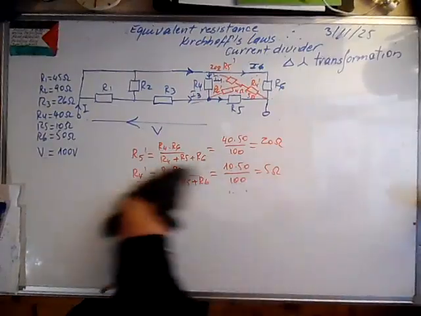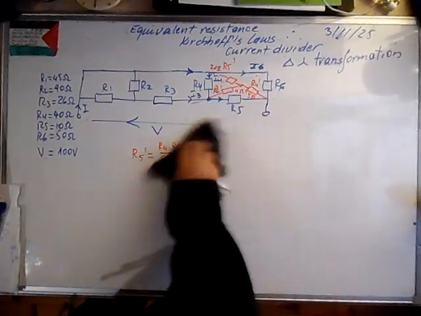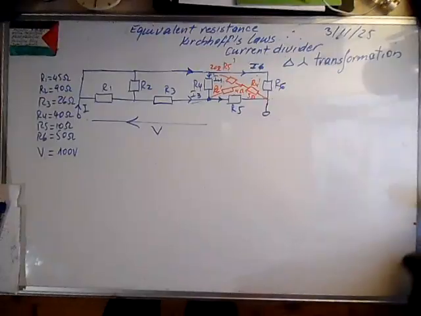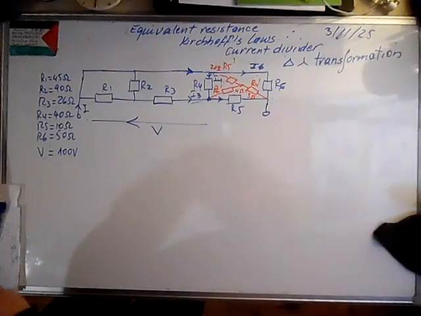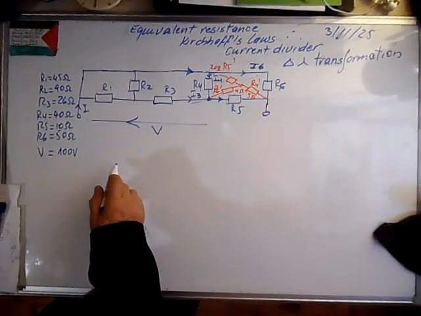So let's modify this circuit to make it a little bit clearer for calculation of the equivalent resistance.